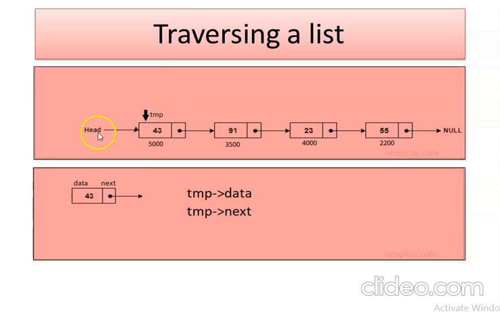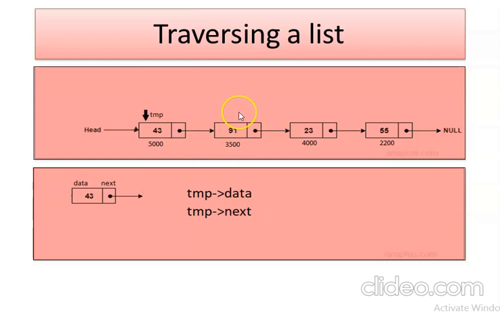Because we are keeping head fixed here, we are using an additional pointer, TMP. We can use other names also; in this example, I am using TMP. So this is TMP arrow data, value is 43. And here TMP arrow next is 3500, which is the address of this node.